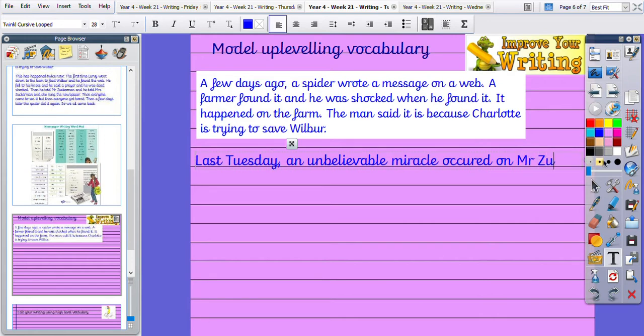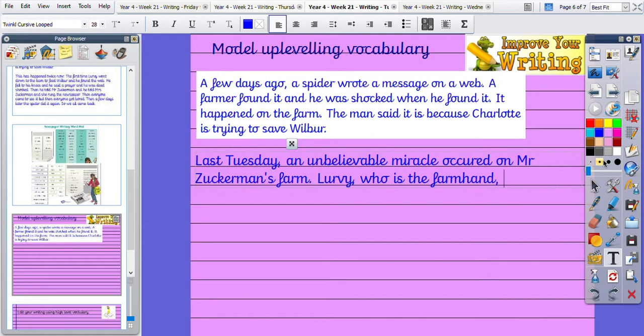Mr. Zuckerman's farm. Okay, so Levi, so I'm looking at a farmer found it and he was shocked when he found it. Levi, who is the farmhand, so I've used a relative clause there to give more information, dropped into the middle of my sentence.